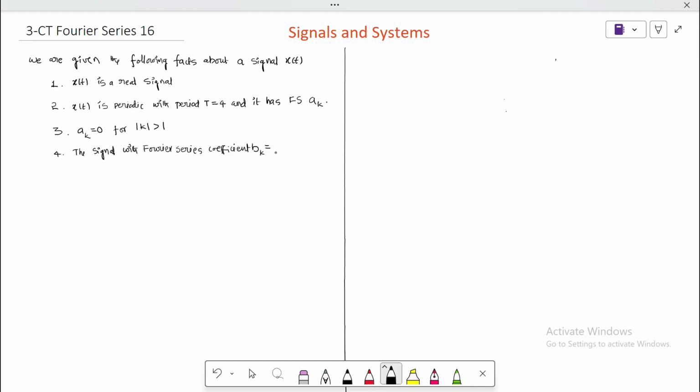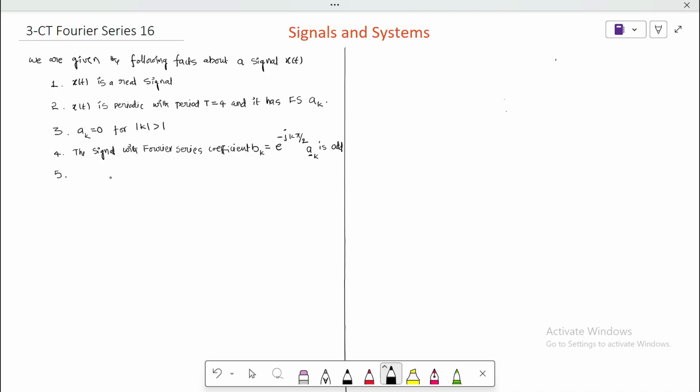It is related to a_k by b_k equal to e power minus jk pi by 2 into a minus k. Is it? So this is the time shifting, a delayed signal. And b_k is odd. Is it? The b_k signal is odd. So you should know the Fourier coefficient property for real and odd signals.